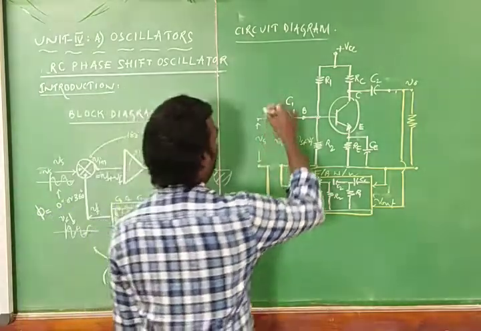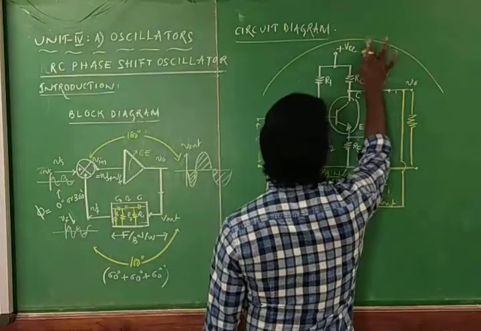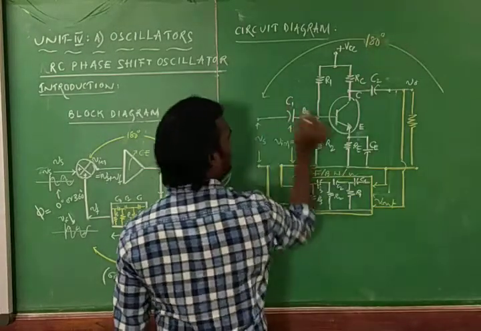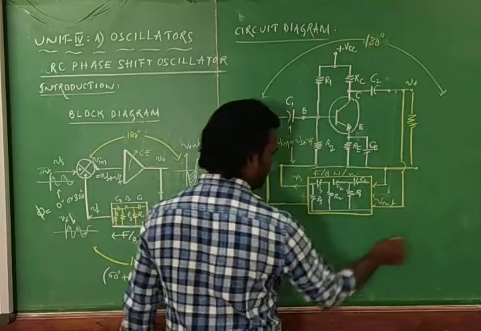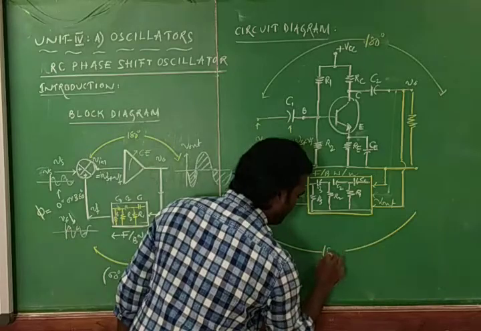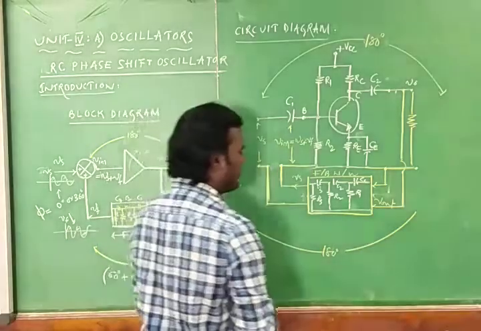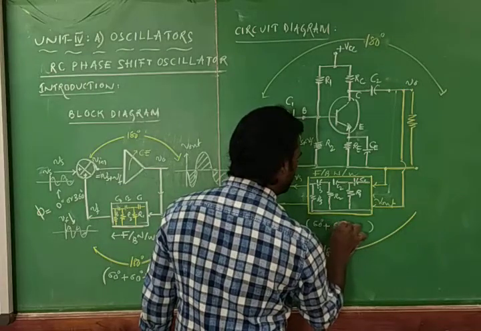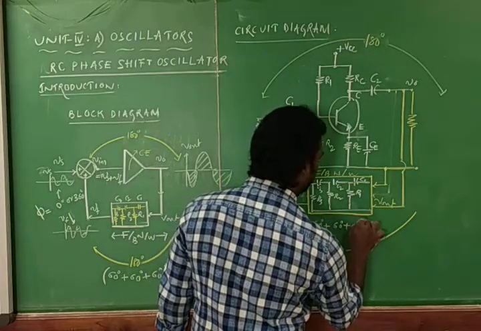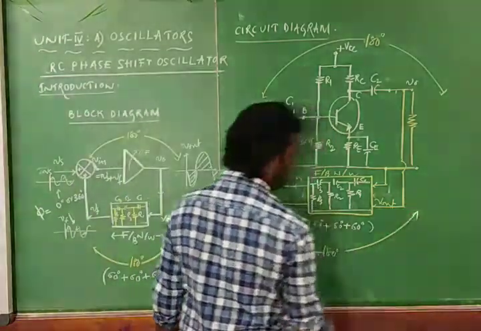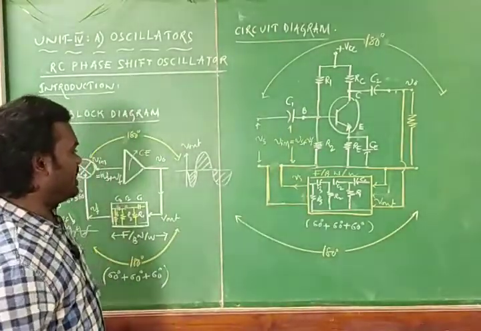We know that the amplifier section is providing how much phase shift? The amplifier section is providing a 180 degree phase shift, and the feedback network is also providing one more 180 degree phase shift. How are we getting this? It is 60 degrees from each pair of resistor and capacitor, and there are 3 pairs, so we get a 180 degree phase shift.